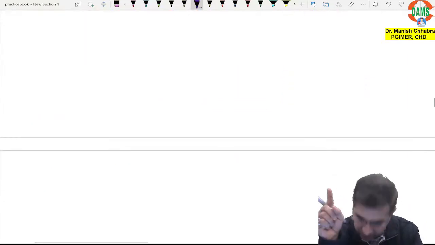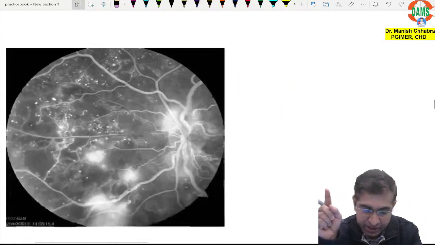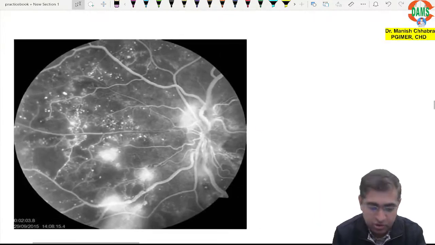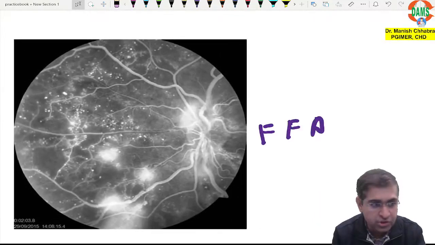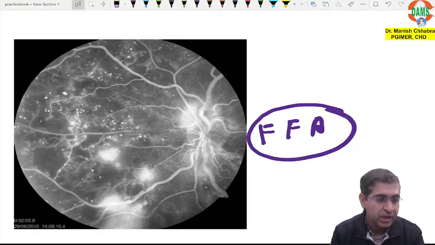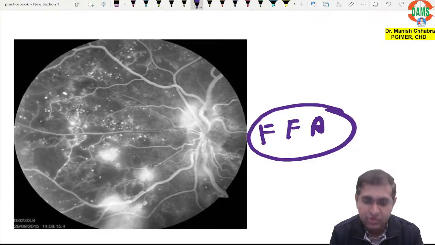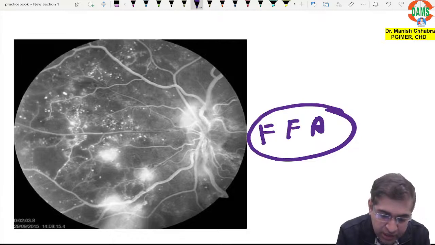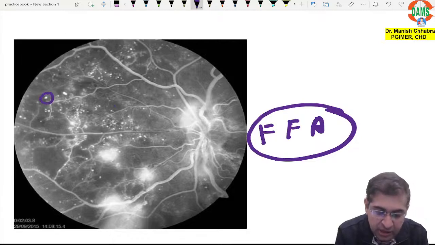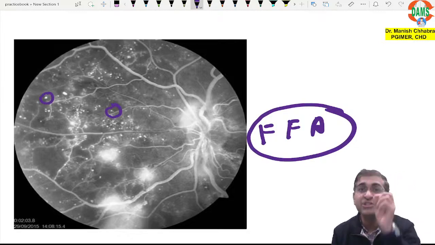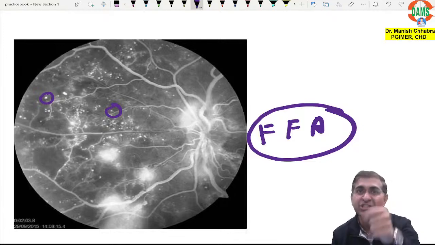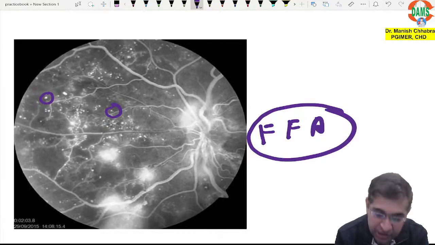Okay, let's see one more image, one second. Now look at this, what is this? This is your fundus fluorescein angiography. This is your fundus fluorescein angiography. Now, can you tell me what are these dots? This is your recent exam question. It came from INICET NEET PG. So these are dots.